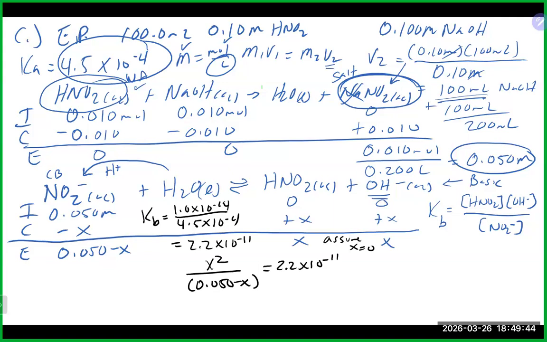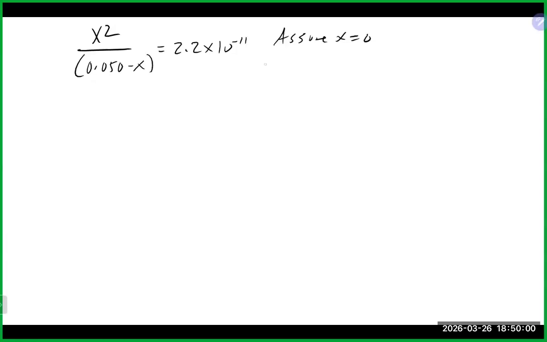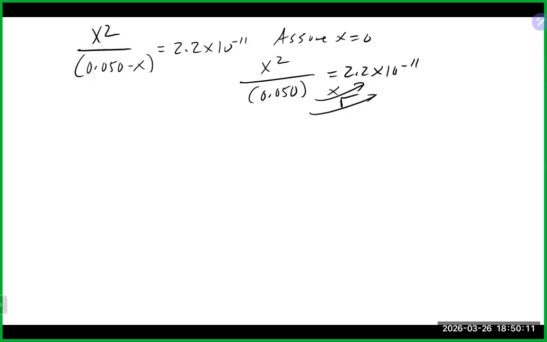If we do that, we have x squared over 0.05 equals 2.2 times 10 to the minus 11. We're going to multiply first, and then we're going to square root. So we'll go 0.05 times that, and then do a little square root. That's going to get us an x value of 0. That's a lot of zeros there.